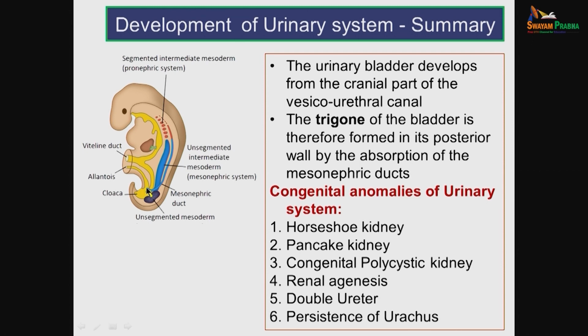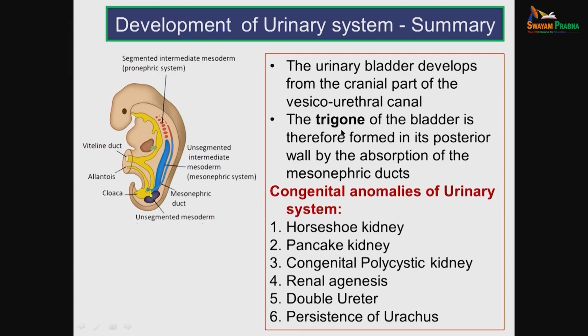As you can see from this picture, the mesonephric duct is opening initially into the cloaca, then into the primitive urogenital sinus, and later on it opens into the vesico-urethral canal. So, this part of the mesonephric duct gets absorbed into the bladder, and this is going to give rise to the trigone of the bladder.